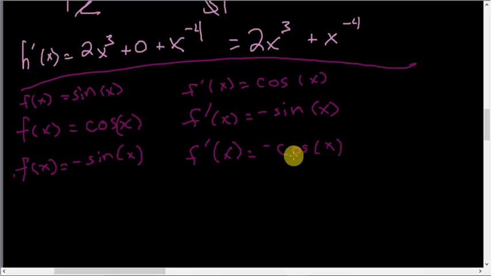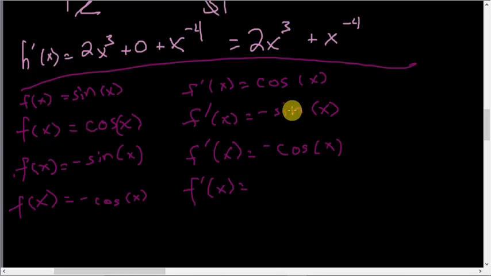Alright, and now what's the derivative of this? If the function of x is negative cosine of x, that derivative is equal to, alright, what's the derivative of cosine of x?